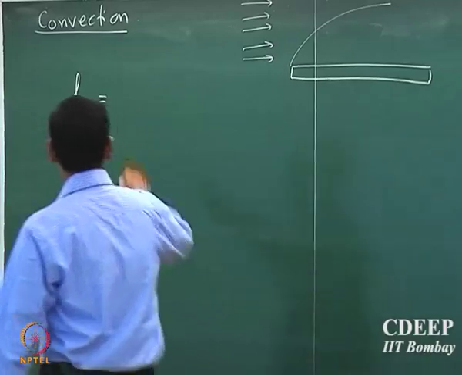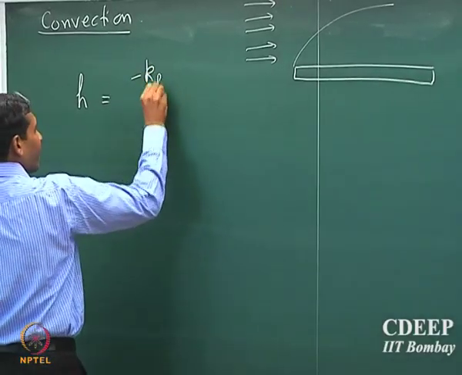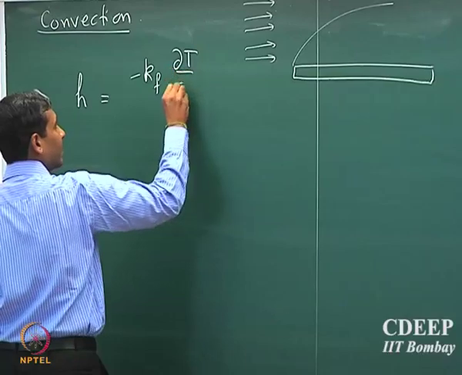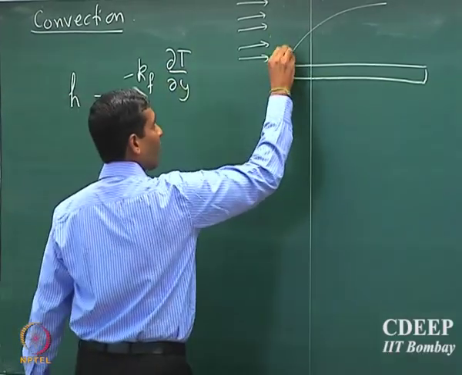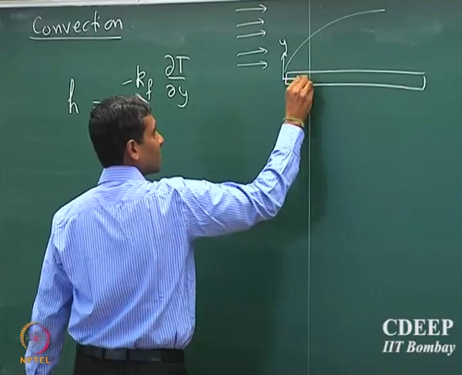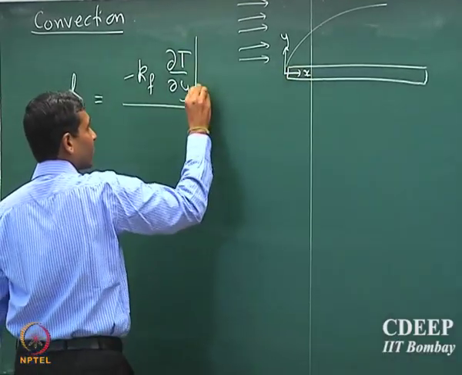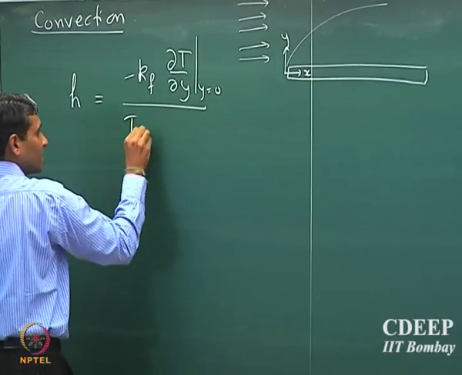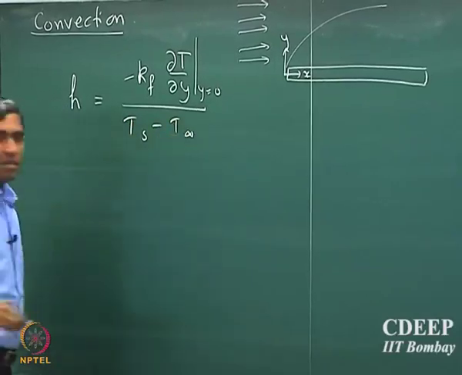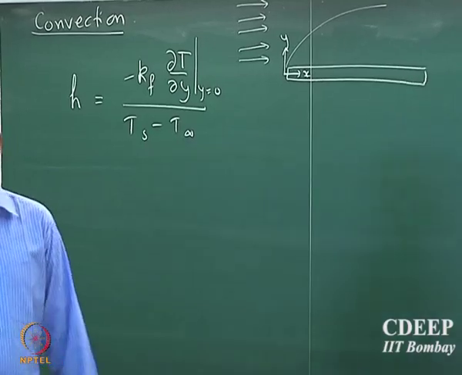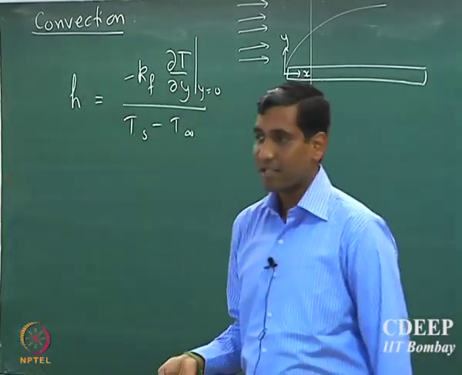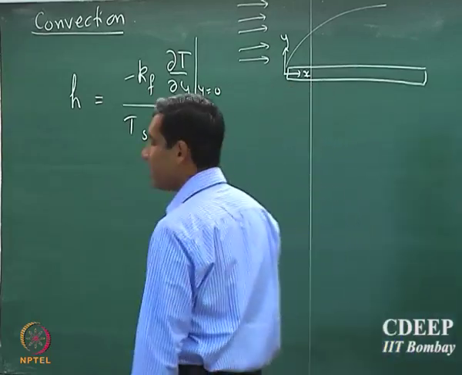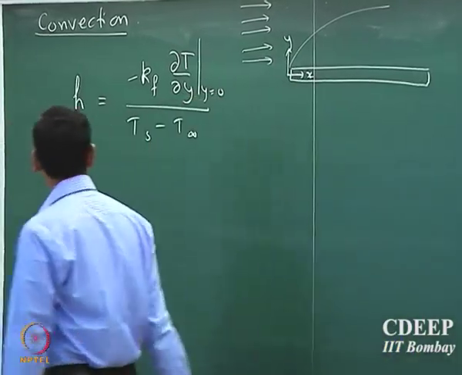Okay, so it's flux, which is minus k_f dT/dy, so if this is the y direction, evaluated at y equal to 0. So that's the flux of heat that is transported at the boundary, at the interface, divided by the bulk temperature difference.